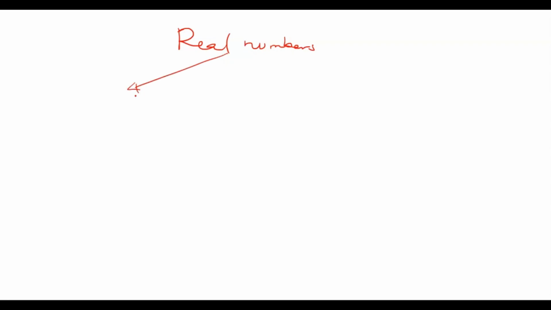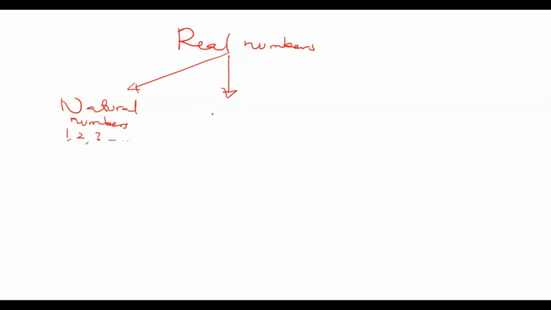We subdivide all real numbers into these types. Natural numbers are numbers greater than 0, so 0 is not included: 1, 2, 3, and so on.